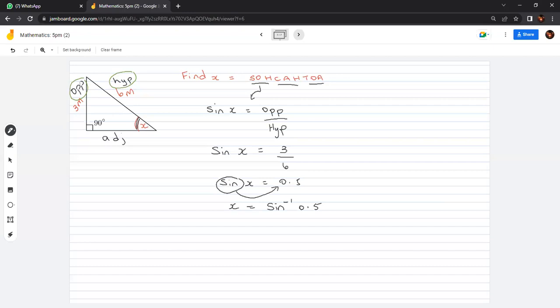On your calculator, you're going to have second function or shift. So you press second function, or if you have shift, you press shift. Then you press sine, and then you put in your 0.5, and that will give you your value. Check it with me and tell me the answer you got. So punch in sine inverse, that shift or second function, and then sine, and then you put in your 0.5.